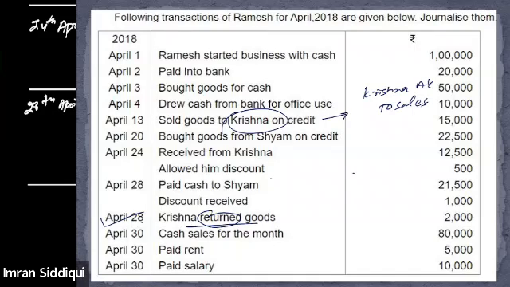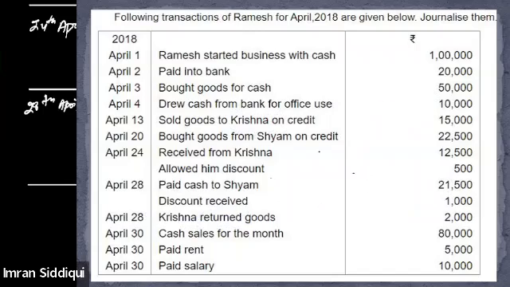But since now on 28th of April, we are returning goods to Krishna, this time we will write down sales return account debit to Krishna account, 2,000. That's right. This will be the correct journal entry. I hope this point is clear, everybody. If anyone has any doubt, please let me know.